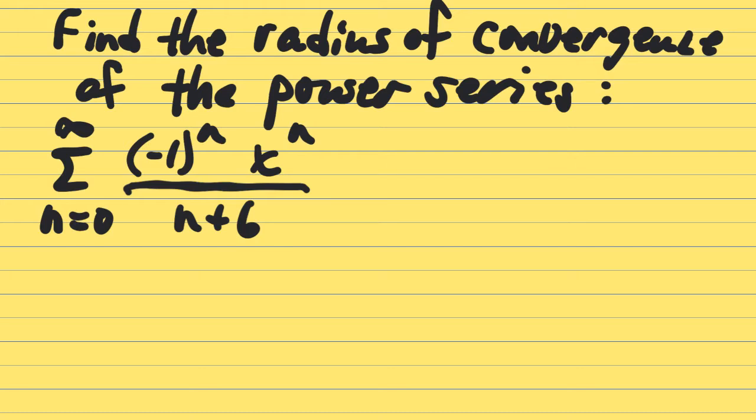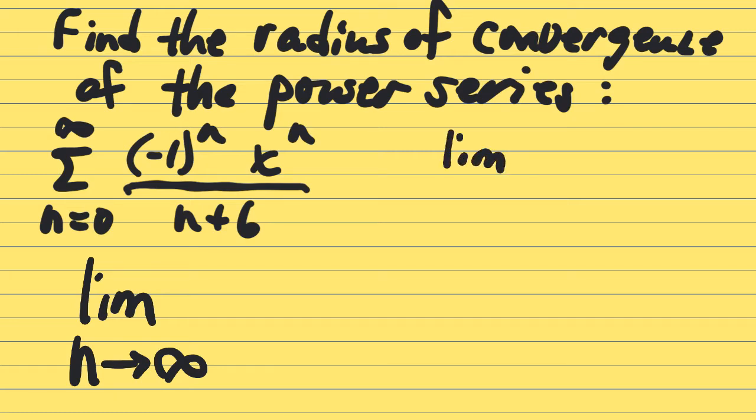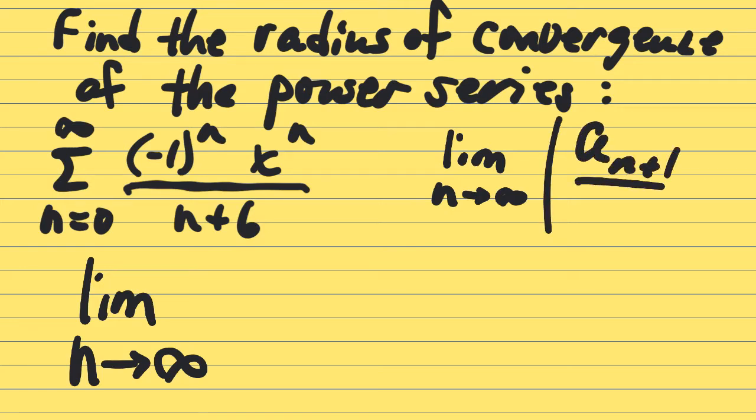So for example, we'll jump right into the limit as n goes to infinity. So this will be the ratio we set up, just like in the previous homework sections.